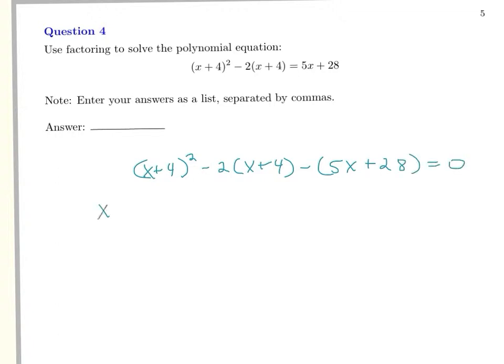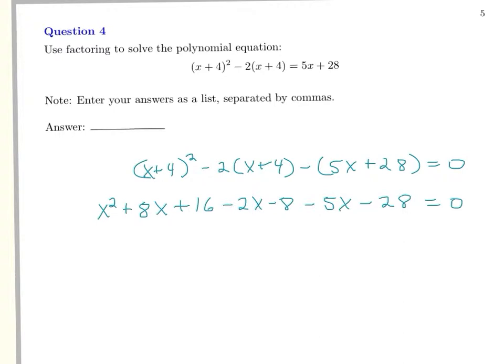So x squared plus 8x plus 16 minus 2x minus 8 minus 5x minus 28 equals 0.